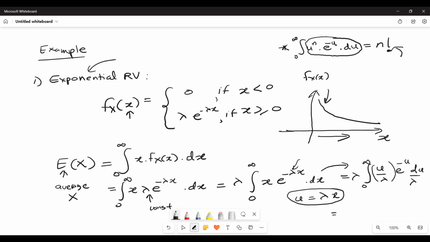So with all that, finally I will be left with 1 over lambda once I find the answer to this using the hint that is available to me. So I will be left with 1 over lambda. Is it clear to you?